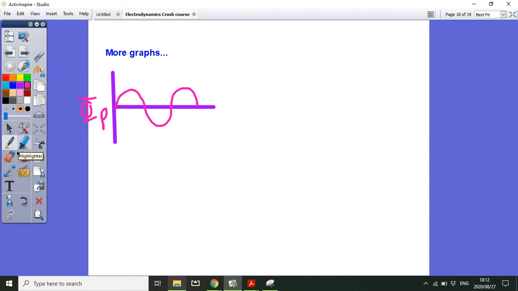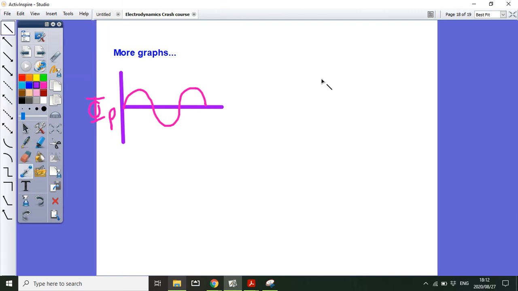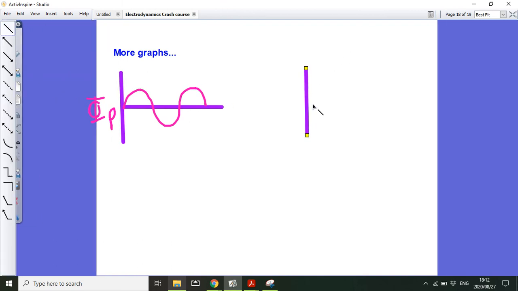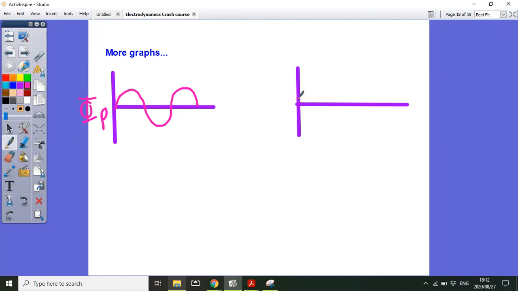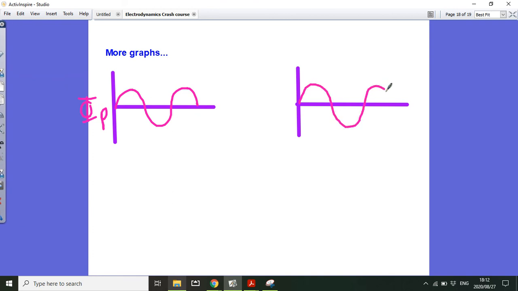So if you're going to draw these graphs for a primary and a secondary coil, the change in flux will be the same. So here you will have the same type of curve because they are experiencing the same change in flux.